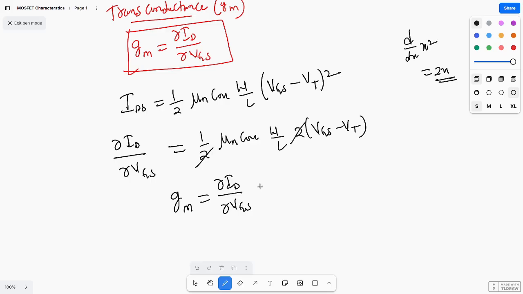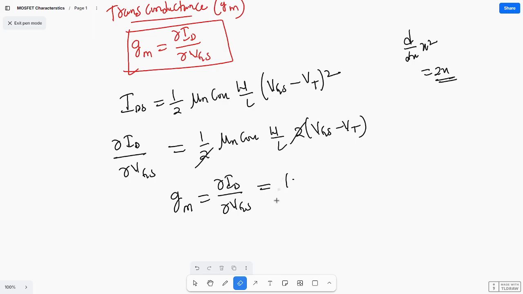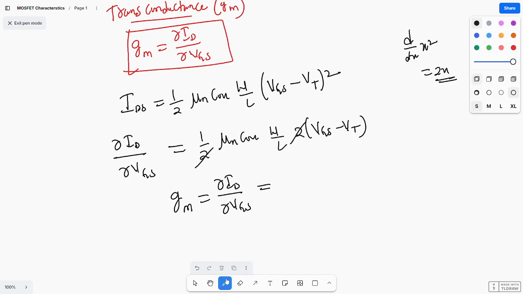So GM equals ∂ID by ∂VGS, that is equal to mu n COX W by L (VGS minus VT). You got this equation.